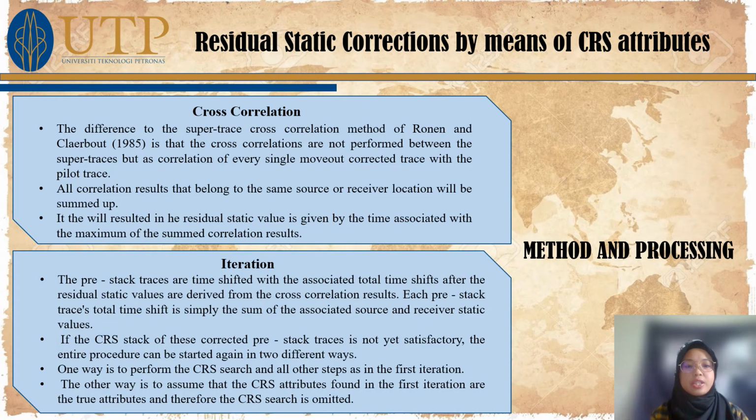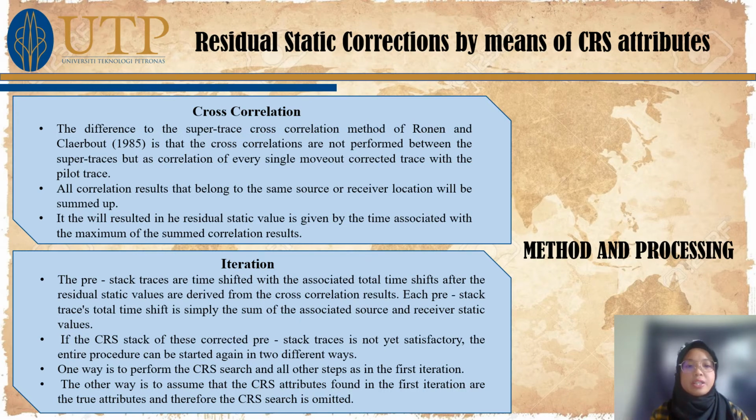Lastly, iterations. The pre-stacked traces are time shifted with the associated total time shift after the residual static values are derived from the cross-correlation results. Each pre-stacked trace's total time shift is simply the sum of the associated source and receiver static values.